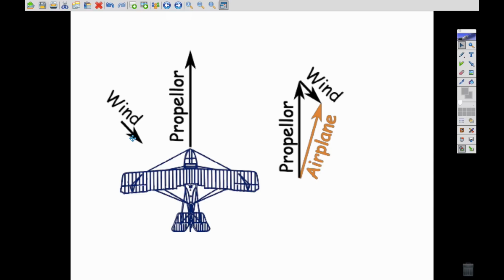So obviously, the wind is going to affect the path of the airplane. And if we add these two vectors together, which we'll be looking at shortly, we can determine both the magnitude and the direction that the airplane will actually go based on the wind. And that's represented in this picture right here.